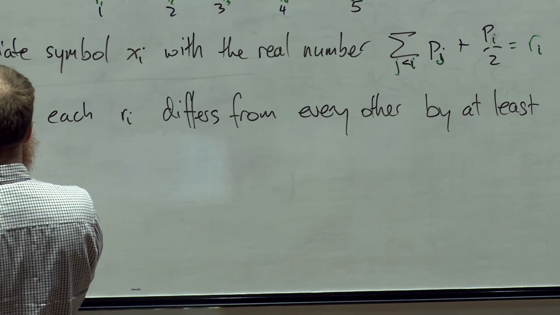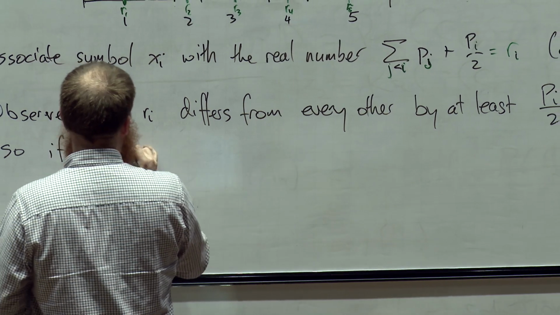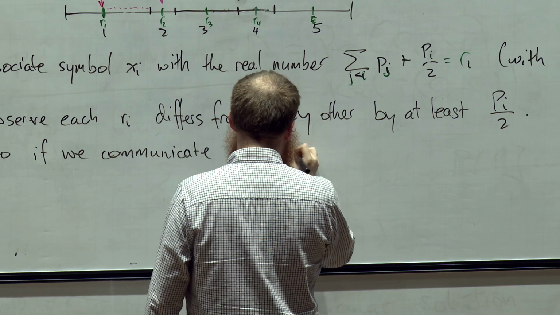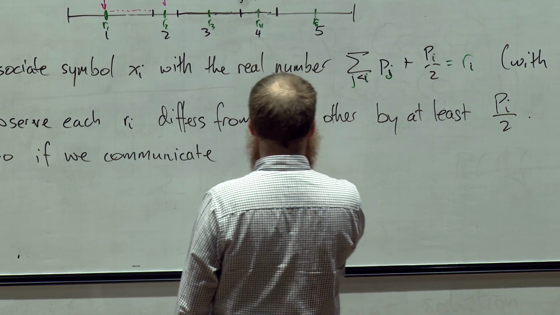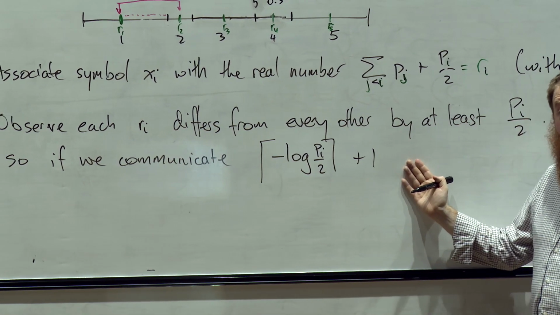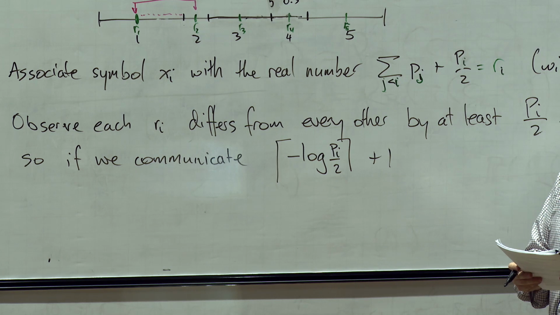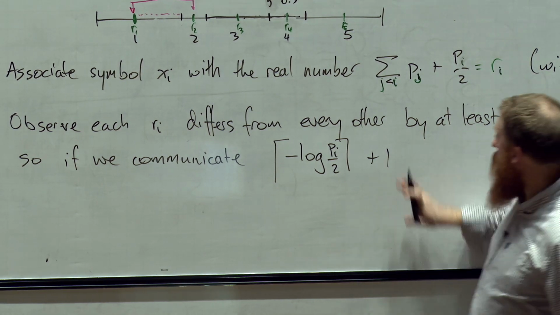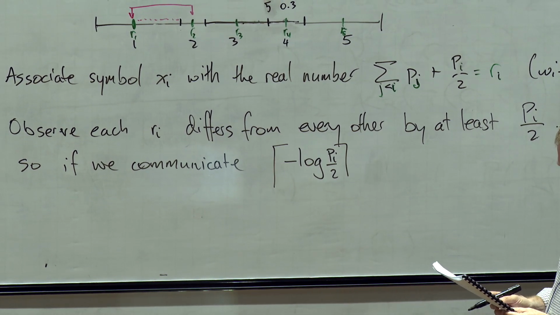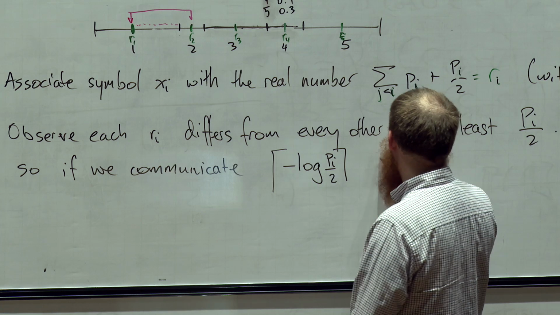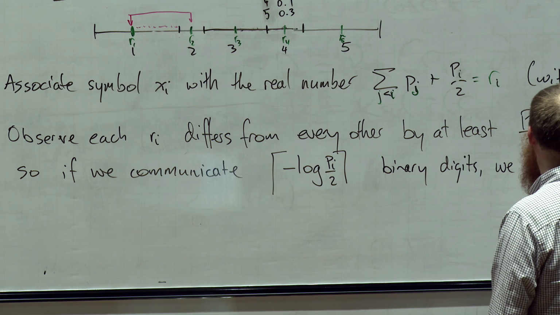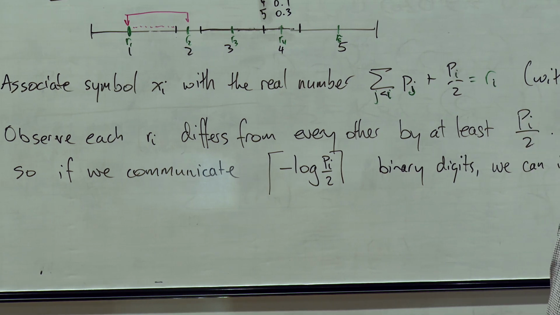So if we communicate, I'm going to take minus log of p_i/2, take the ceiling and add 1. That's enough digits to make sure that, if I communicate that many binary digits, then you're able to tell exactly where we are. So we can identify R_i.